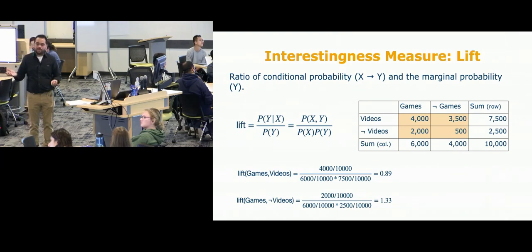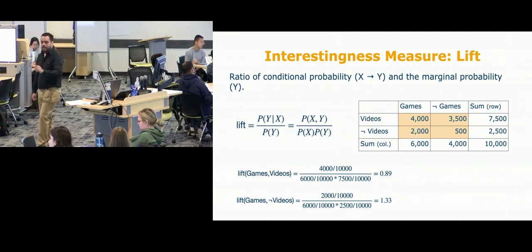We have to compute the probability. And in the denominator, it's P of x. What is x? X is games. How many people buy games? It would be the sum of people who buy games and videos and people who buy games and not videos. So it's 4,000 plus 2,000, that's 6,000. And once again, we divide by 10,000.